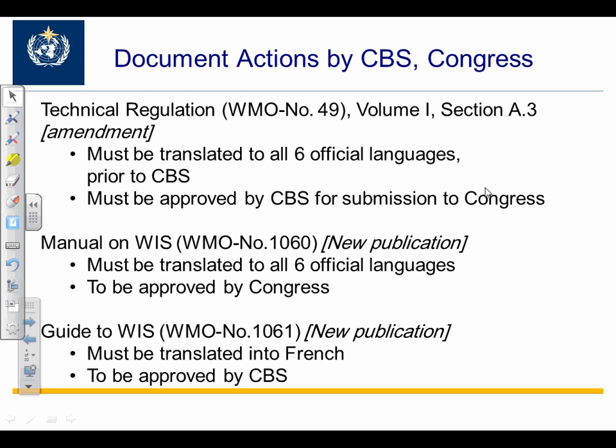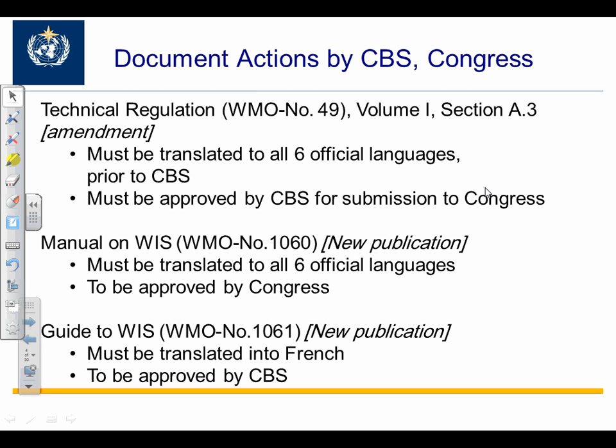So we have 3 documents that are associated with making WIS official. First, the amendment to the technical regulations, the number 49, volume 1, section A3. This is a rather short document, only 2 pages long, even though it is shorter than the one it replaced.